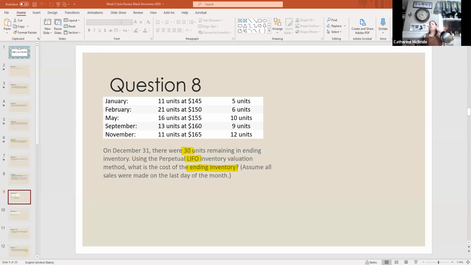Okay, so the first thing, in January, this is using perpetual. We want to figure out, on December 31st, there were 30 units remaining in ending inventory.